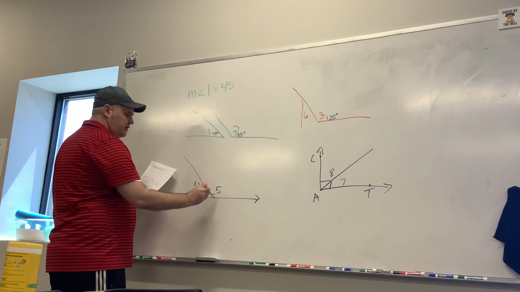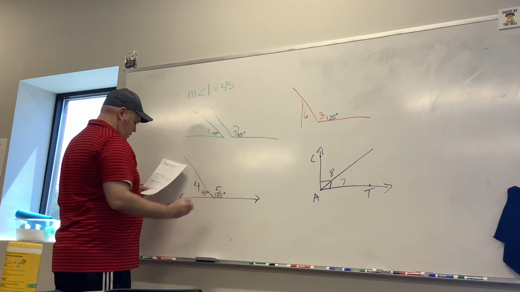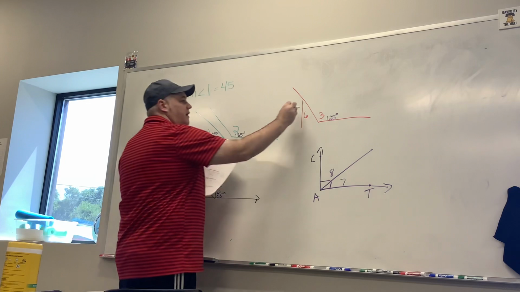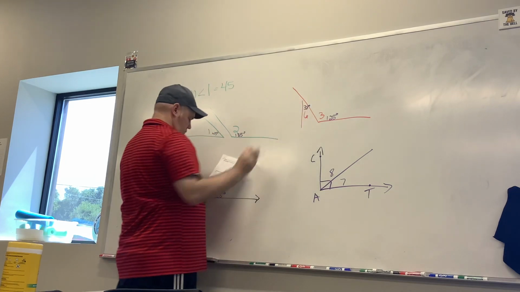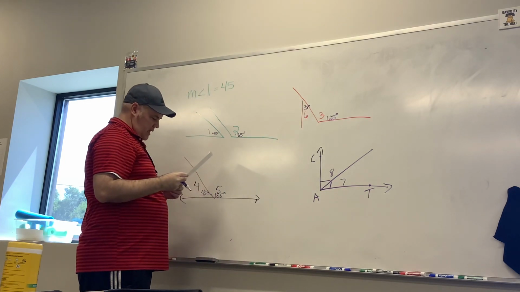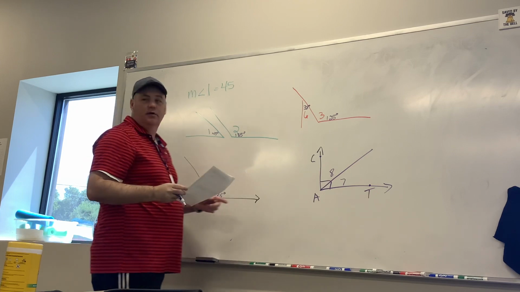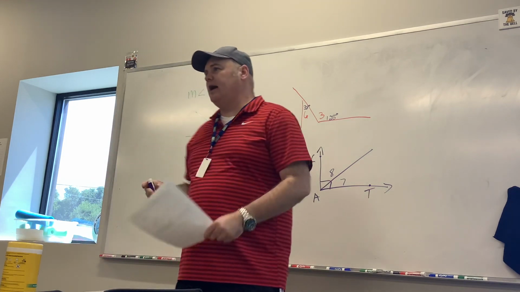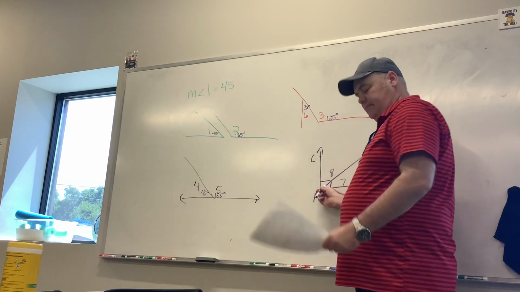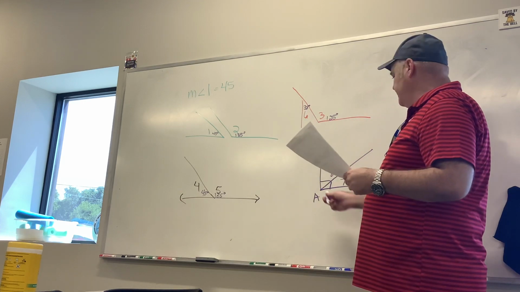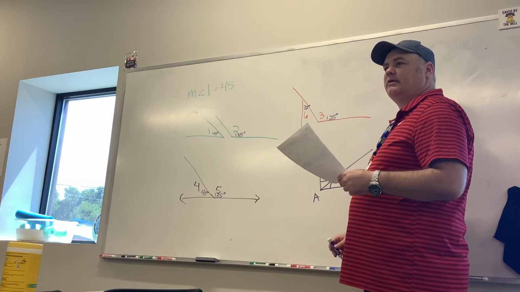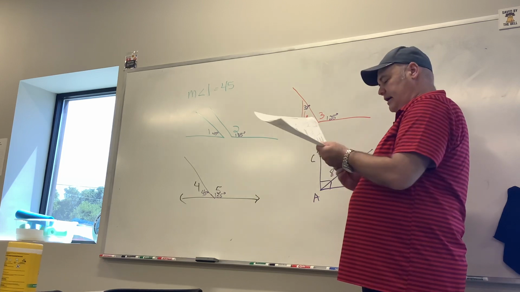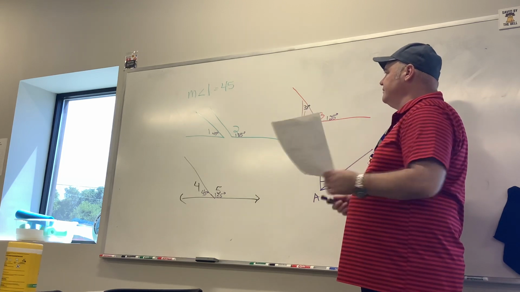Measure 5 is 135. 6 is 35. And CAT is a right angle, which they already told us by putting that little box there. That little box means it's a 90-degree angle. Okay, all right, so there's all the information given to us.